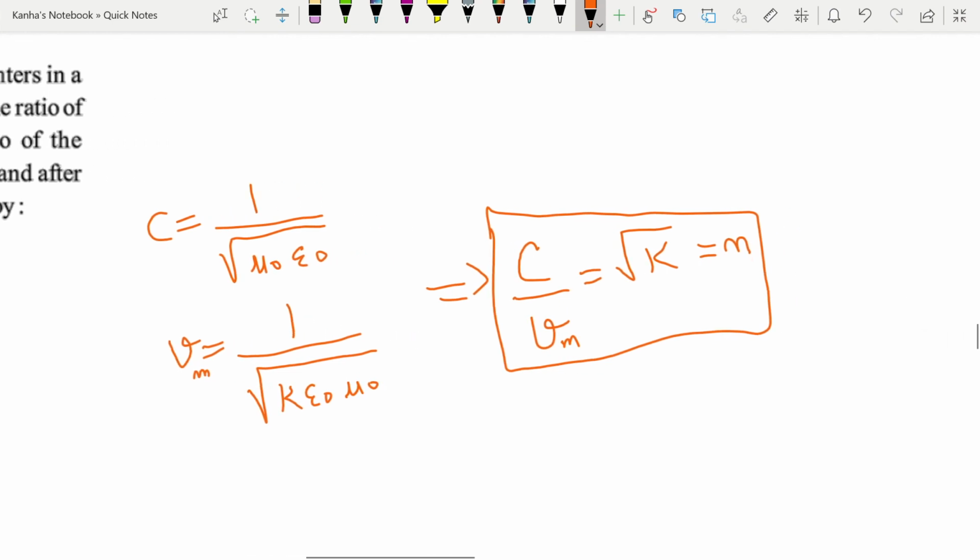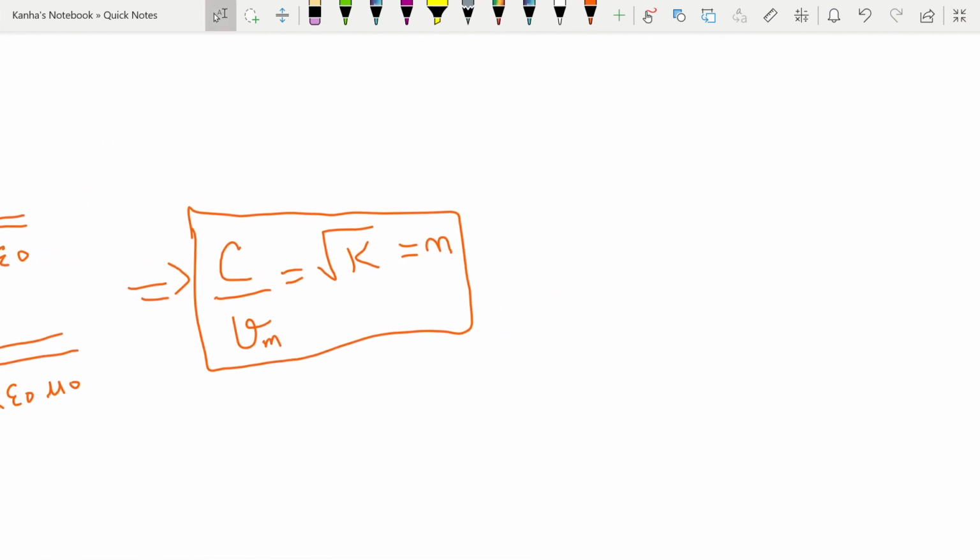Now with this in hand, I can write the intensity. What is the intensity for the electromagnetic wave?